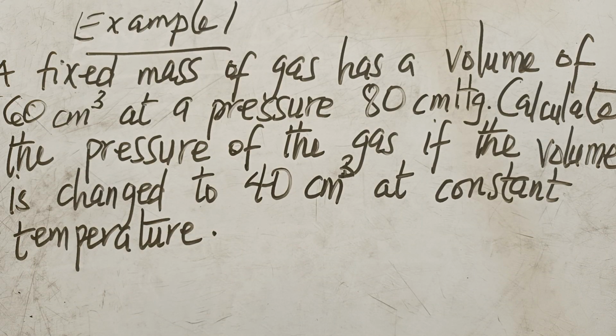Let's take our first example under Boyle's law. We have a question here. The preamble says a fixed mass of gas has a volume of 60 cm cube at a pressure of 80 centimeters of mercury.